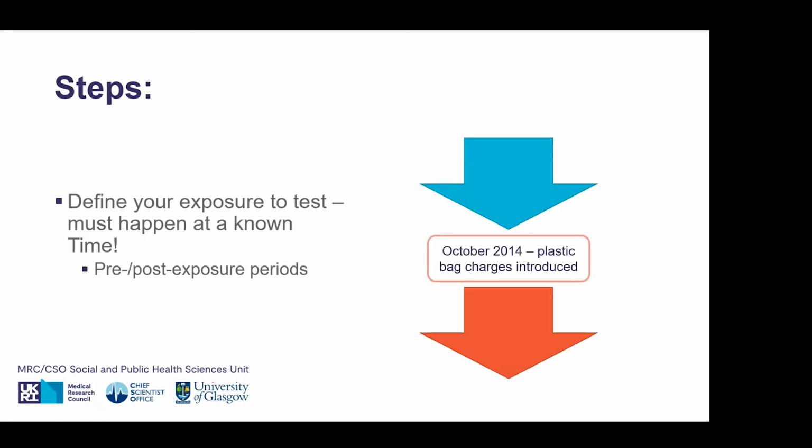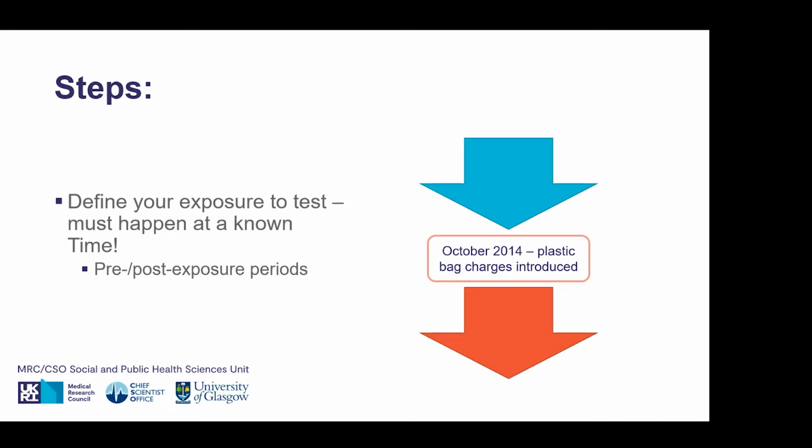We'll run through the steps of how you'd put together an interrupted time series analysis before showing you a worked example. The first step, of course, clearly is having an intervention to test. And you want to define that as an exposure, an event that splits a pre-period into an unexposed period and a post-period after. So here's an event picked, again, as an example.